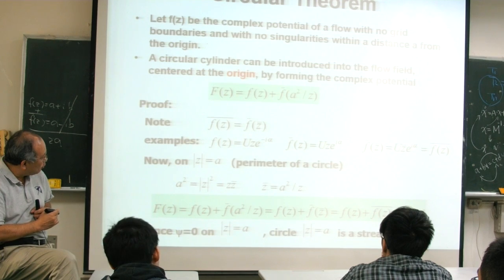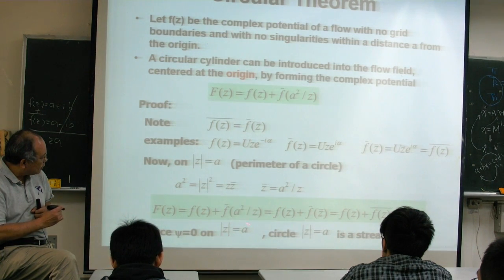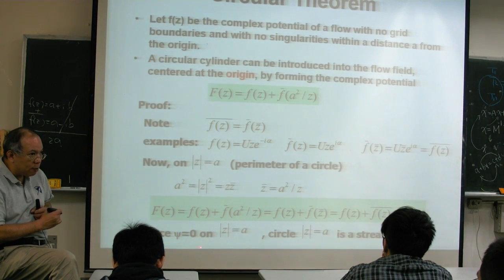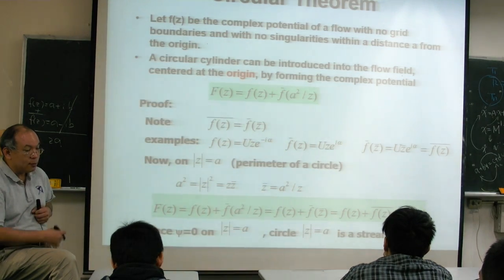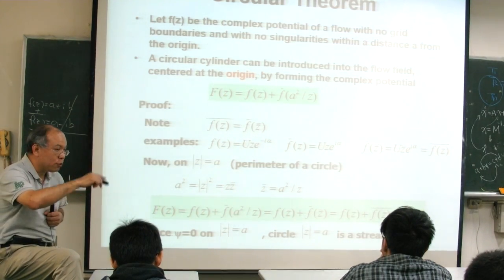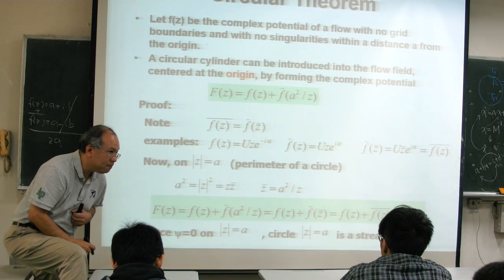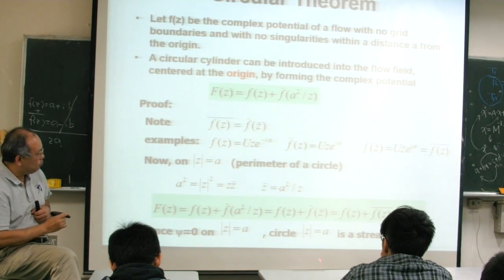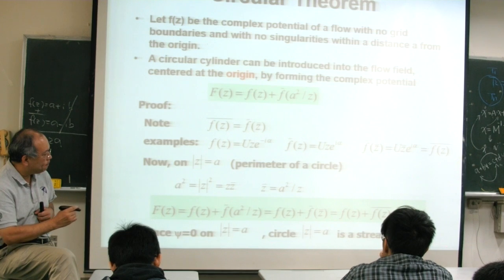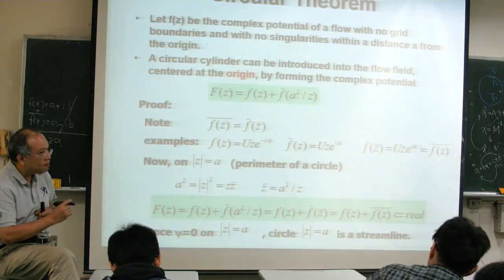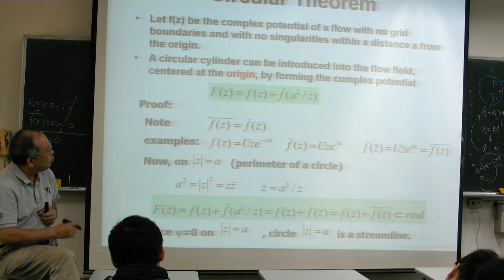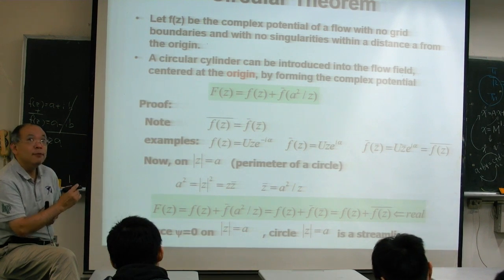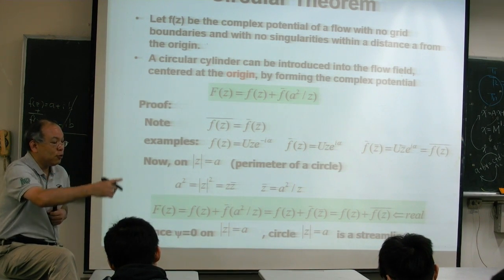So on the circle, we find that the circle is one of the streamlines. That means we have already introduced a circle into the flow field. Right? That's how they prove it. So the circle is a streamline. |z| equal to a is a streamline. Okay? So when we do that, we introduce a circle into the flow field.